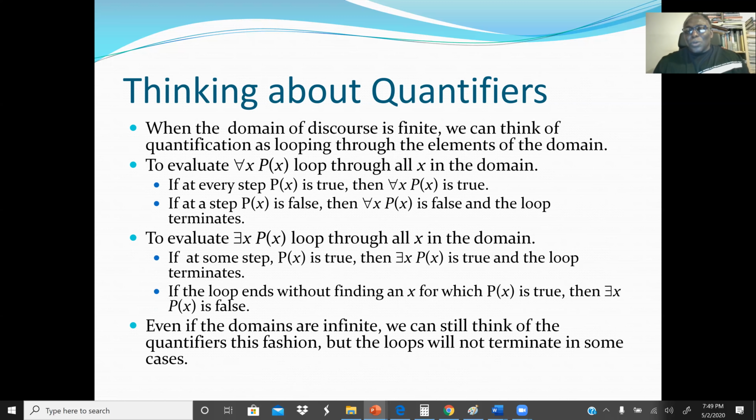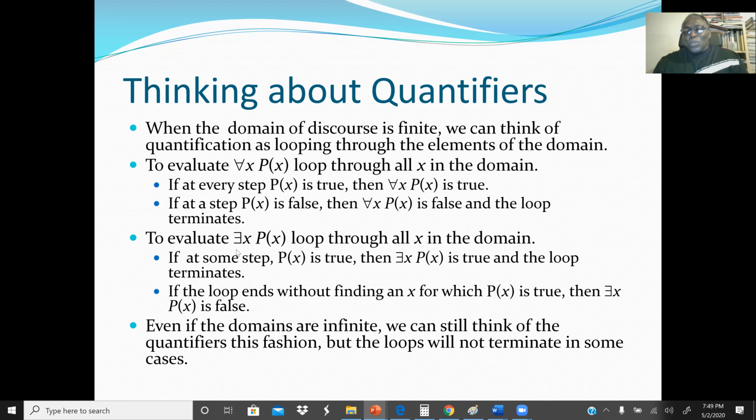From 1 to 10, if we use the values 1, 2, 3 up to 10 to test the condition and all of them are true, then P(x) is true and also ∀x P(x) is true. If at some step one of the x values makes it false, then P(x) is false, then ∀x P(x) will also be false, and the loop will terminate.